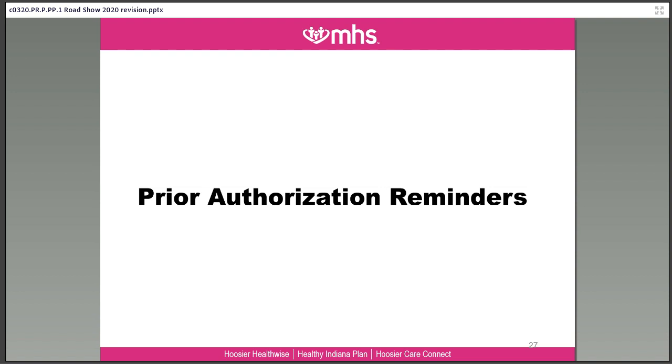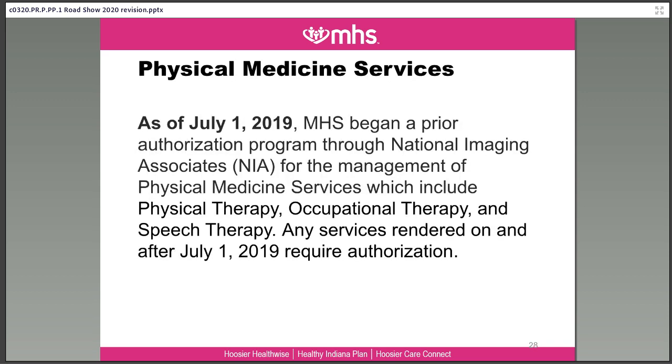So moving on to some reminders that we just have for our prior authorization. As of July 1st of 2019, MHS began a prior auth program through National Imaging Associates, or NIA, for the management of physical medicine services, which include physical therapy, occupational therapy, and speech therapy.